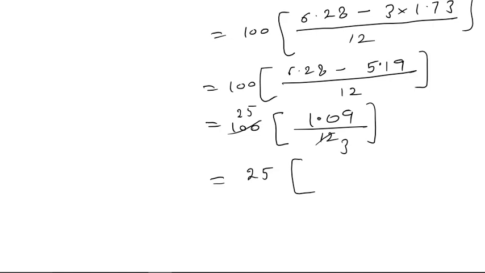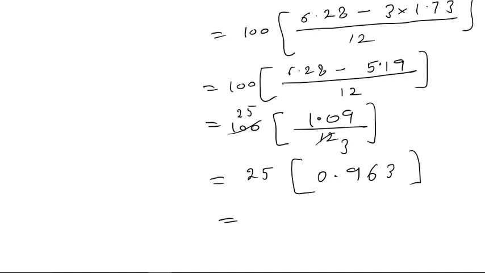Now 0.09, it will continue like this. So I will write 25 into 0.963. Now 25 into 0.963, okay, better I divide and multiply by 4, so the numerator will become 100, so multiplication by 100 is easy.